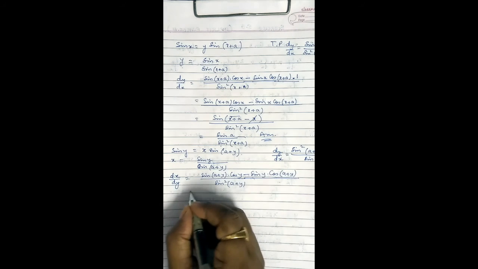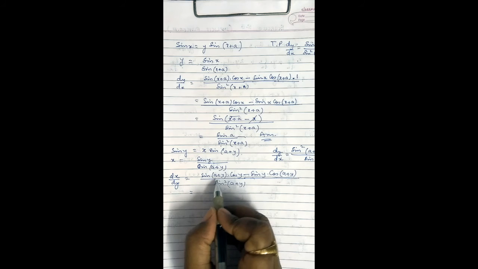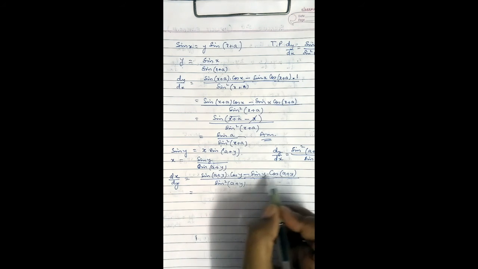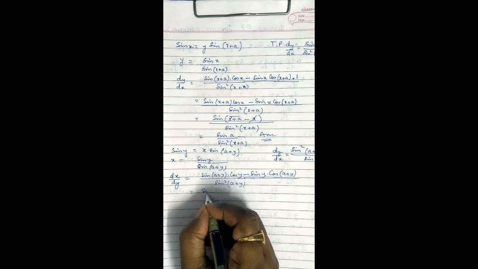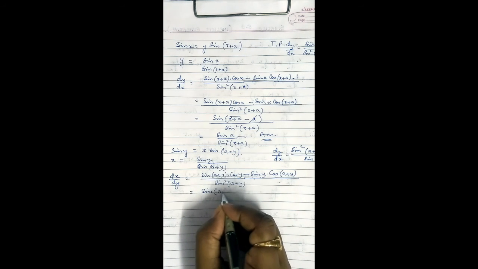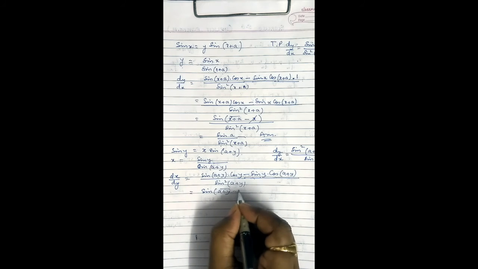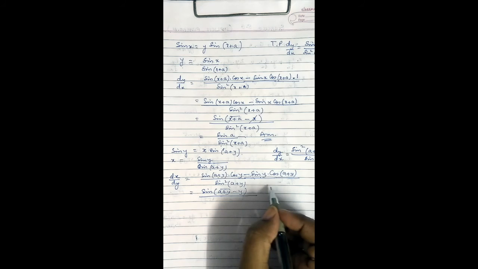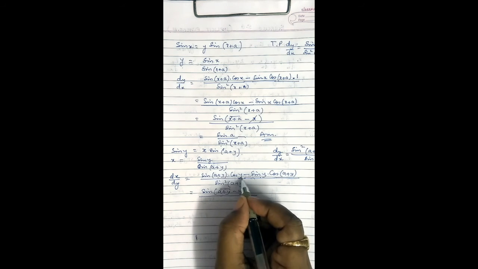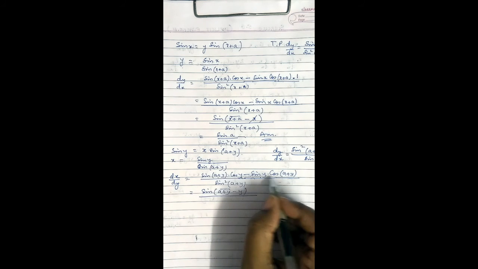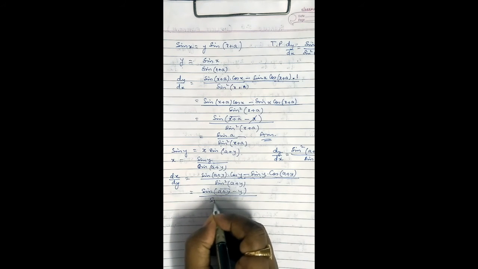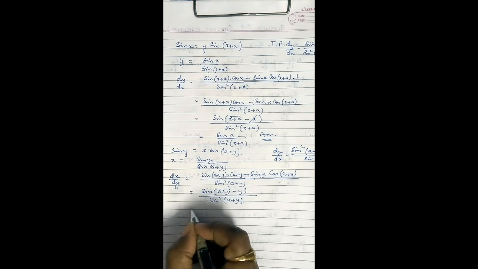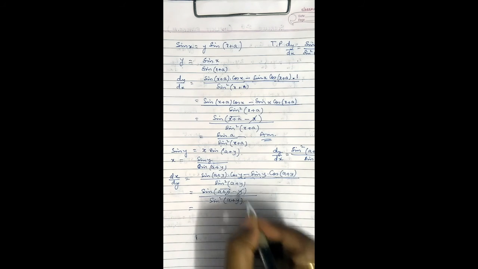Right? Now again, if you look at it, sine A cos B minus cos A sine B, so this is also sine of A minus B. Now when you open it up, you see this and this get cancelled out.